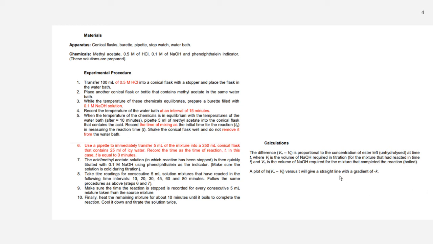Because this is a straight line, you can use the y equals mx plus c equation to find the necessary values. In this experiment, you want to find the value of the rate constant of this reaction. Once you get the rate constant, you can also use that to find the half-life, as requested in the lab manual. So you get these two values, the rate constant and the half-life, and you discuss on this experiment.